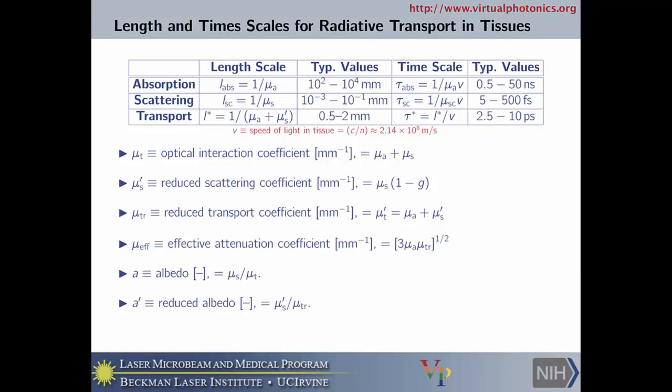We're going to be talking about reduced transport coefficients and effective attenuation coefficients. But typically, there are absorption and scattering length scales, which are linked to the absorption and scattering coefficients, and there are also time scales, because it takes time for light to travel these typical absorption and scattering lengths.